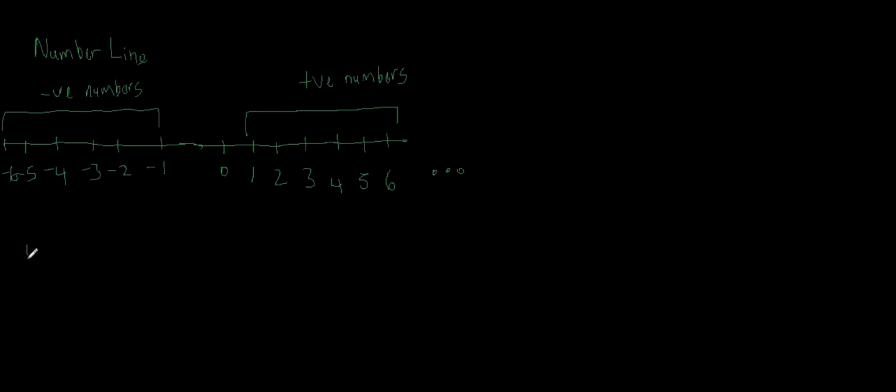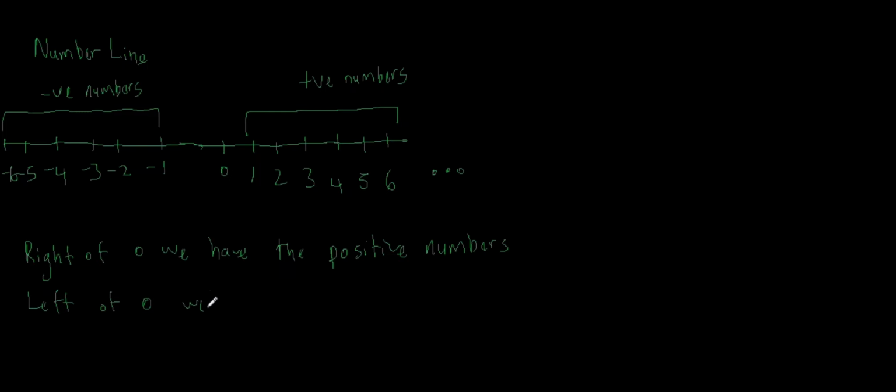To the right of 0, we have the positive numbers. On the left of 0, we have the negative numbers.